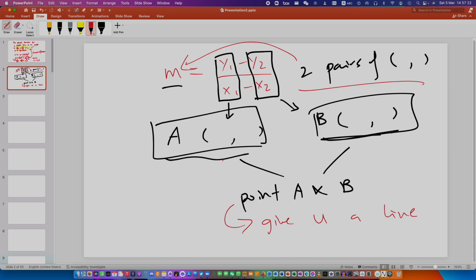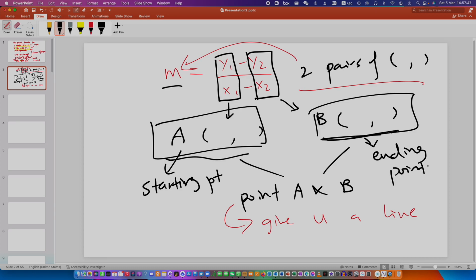Alright? The first y1 and x1 is given by your starting point. In fact, I shouldn't call this point A, but I use point A because I want to simplify, because it's pretty hard for me to keep saying this is the starting point. Then this is the ending point.